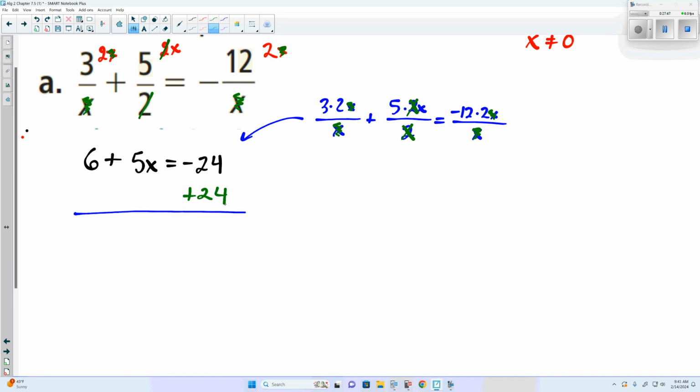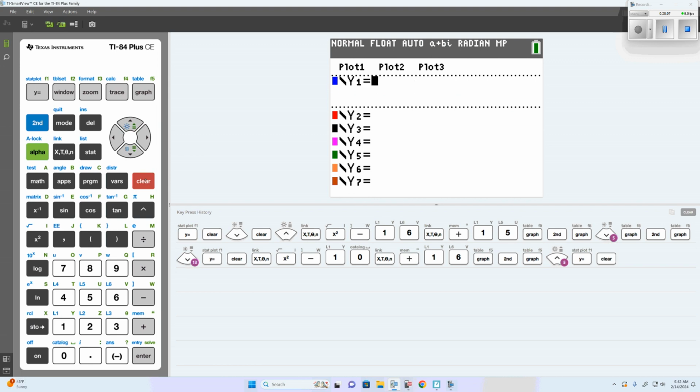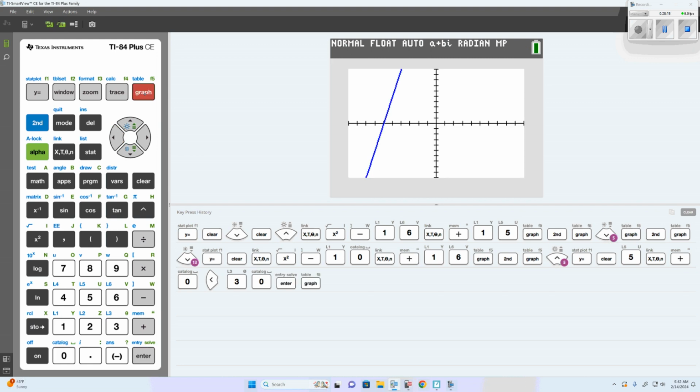Because we can add 24 to both sides. Which tells us that 5x plus 30 is equal to 0, yes? So we're trying to find out what value of x would make 5x plus 30 be 0. And I can come over here and I can actually graph this. We can say 5x plus 30, not 0, 3, 0, graph.